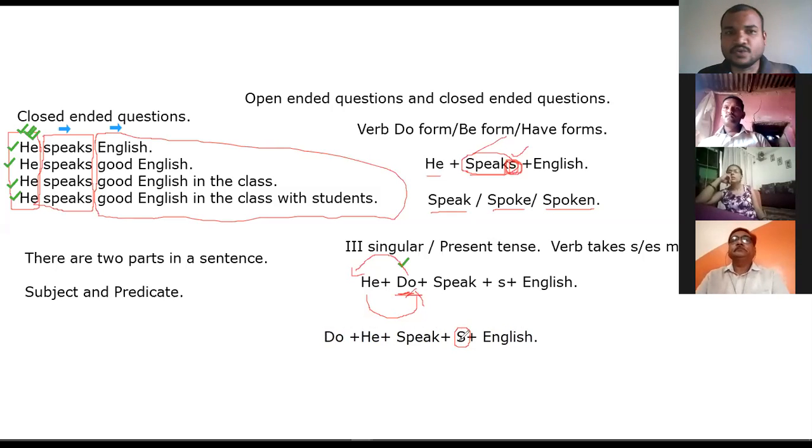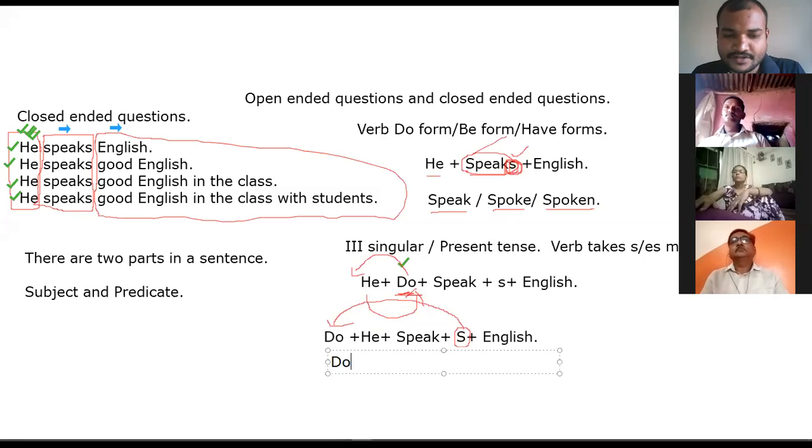These will be added to the helping verb. So here we add to the main verb, but when it comes to questioning, we add to the helping verb. S or es to the helping verb. So what would be the question? Does he speak English? Very good. Does he speak English?